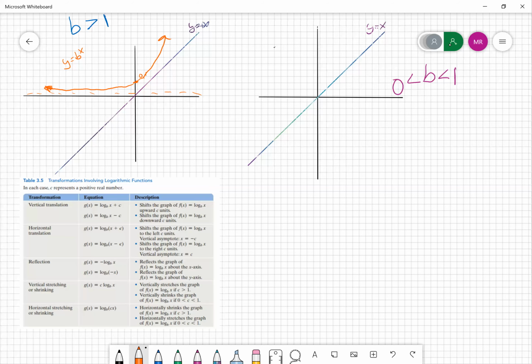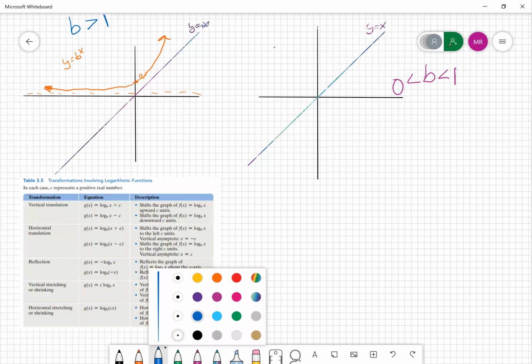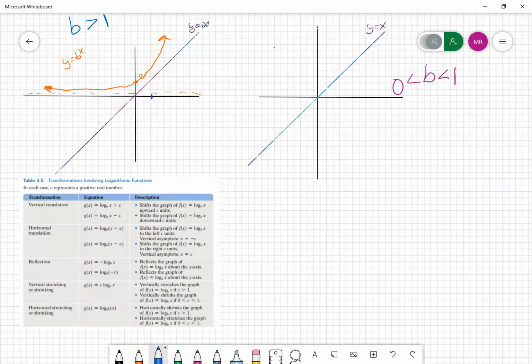Now, because they're inverses, let's flip it over the line y equals x. That's what happens. The basic parent function of the log hits at (1, 0), but it has a vertical asymptote at the y-axis.